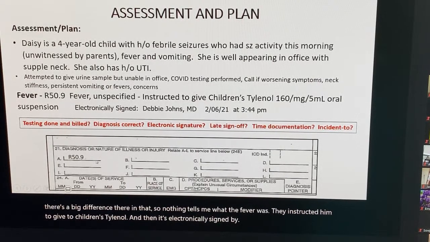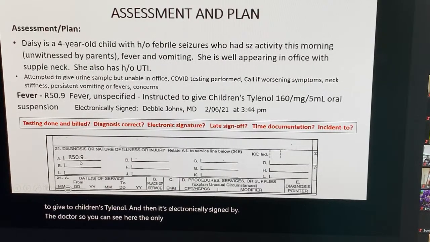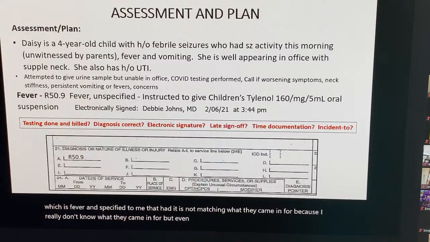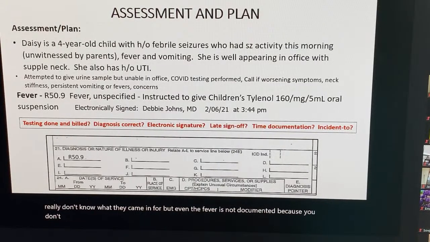So you can see here, the only diagnosis they used on the CMS 1500 was the R50.9, which is fever unspecified. To me, it is not matching what they came in for, because I really don't know what they came in for, but even the fever's not documented, because you don't have the temperature to say, yes, this is the fever and this is what the concern is. So this note, I couldn't believe when I read it.